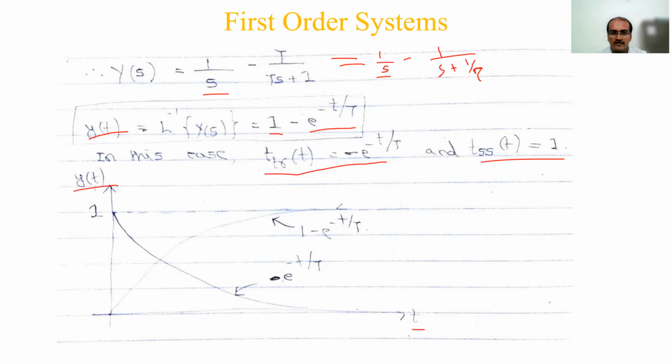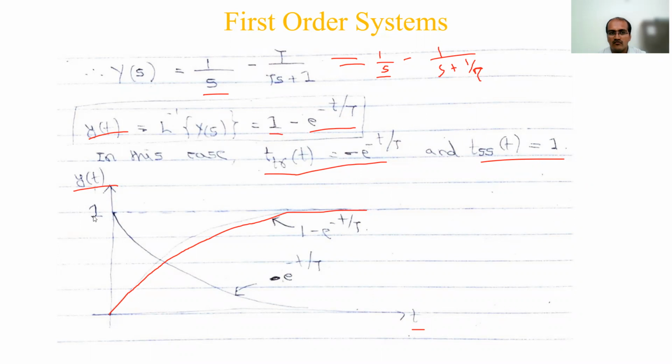If you are riding a bike, you are standing still now and you have to reach a speed of 50 or 60 kilometers per hour. Suddenly it will not happen, right? It will happen over a time. That will be shown like this curve, and that is the final state. This is what the response is about.